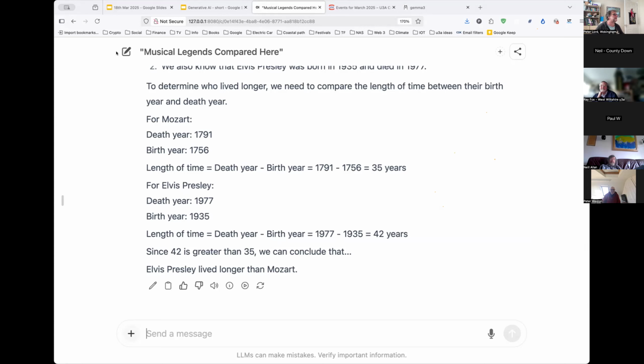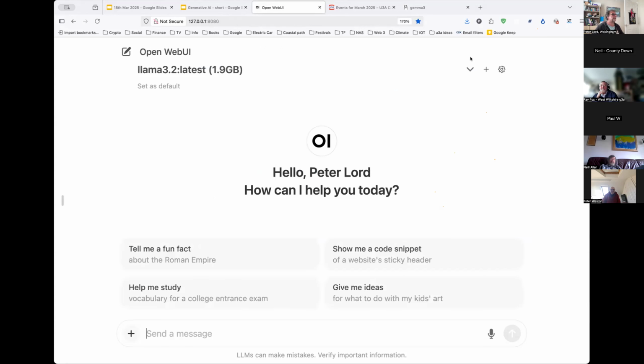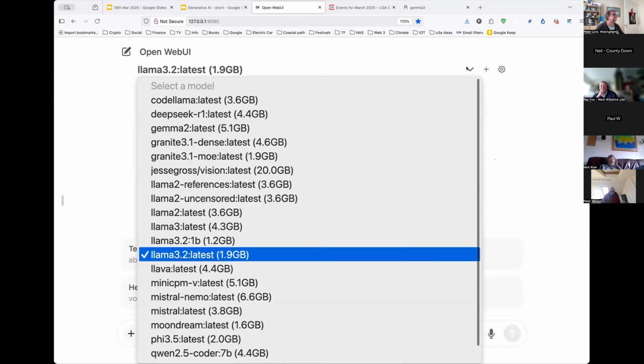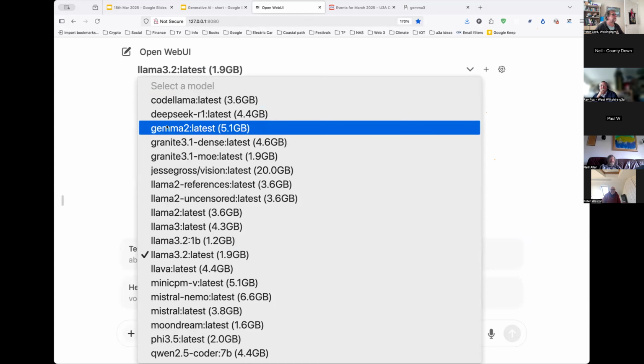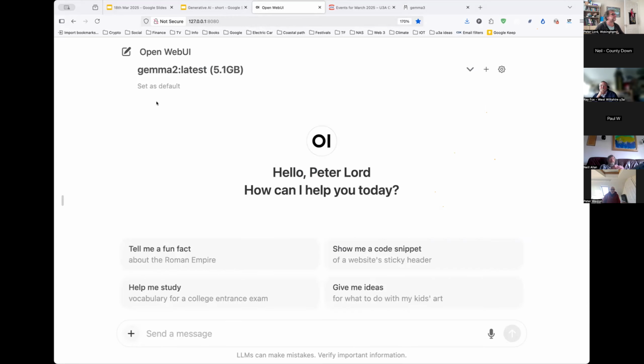Right. Here's another little one. We're going to use a different model this time. Gemma 2, why not? This is a 5.1 gigabyte size file. Right. So I said before that these large language models are not connected to the internet, and that is absolutely true.